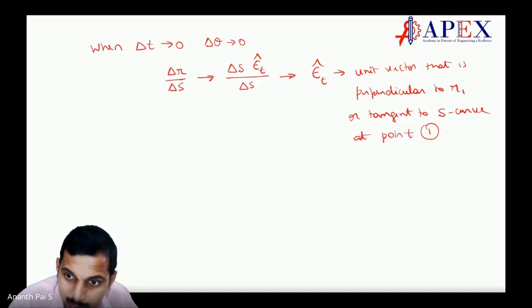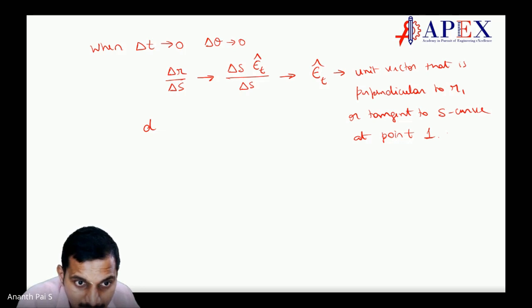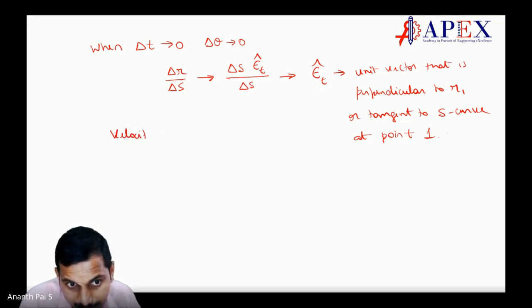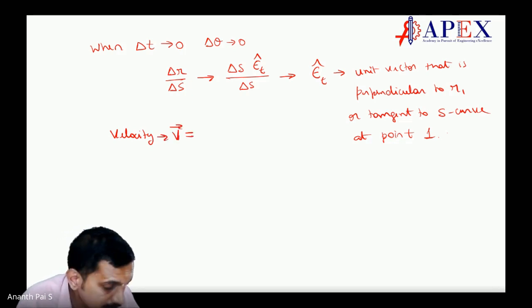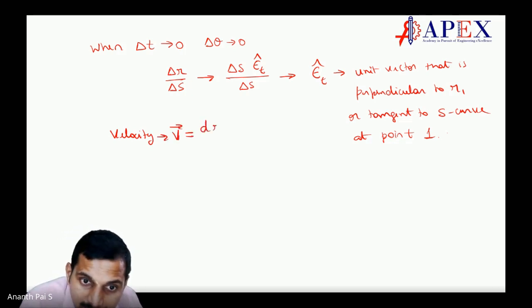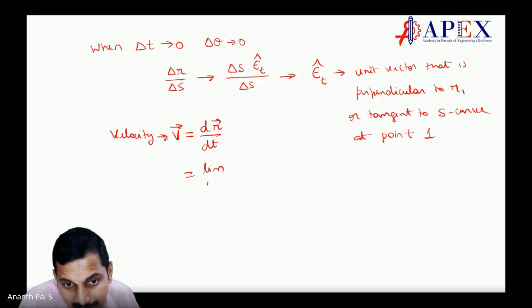At point 1. Now, if I consider velocity, velocity v can be written as dr by dt. This can also be written as limit delta t tending to 0.